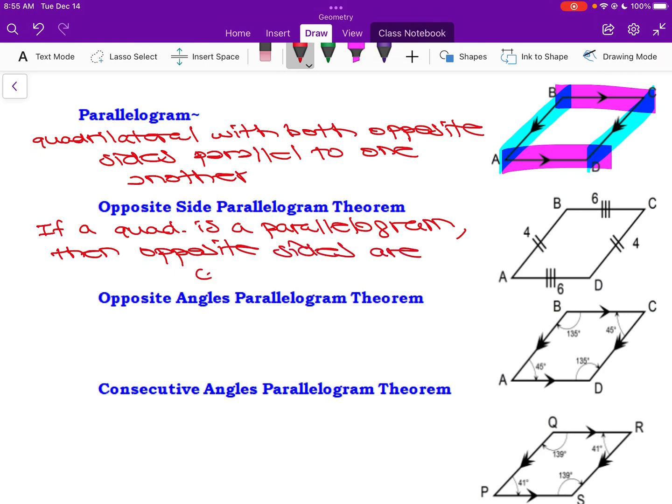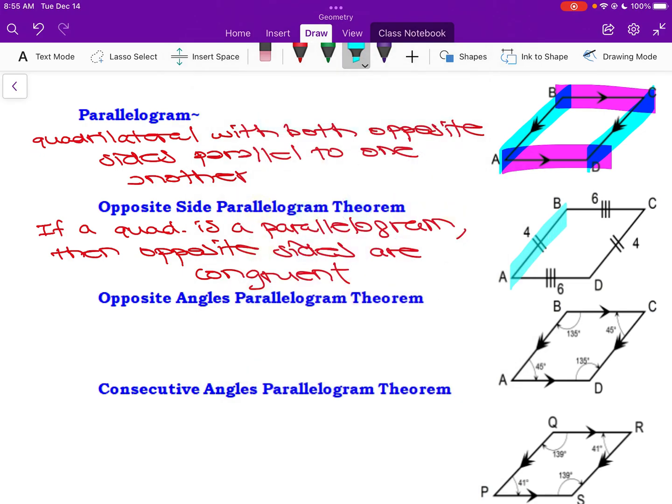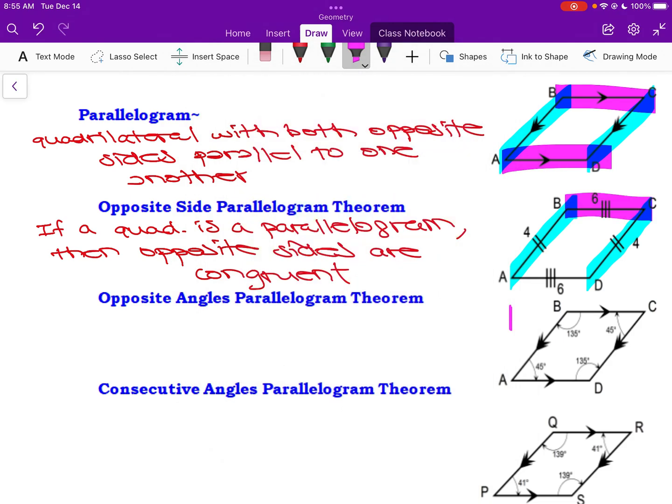So not only are opposite sides parallel, but they're also congruent. In my diagram, side AB has a length of 4, just as side CD does. And then we have BC, which is 6, along with AD, which is 6. So opposite sides are congruent.